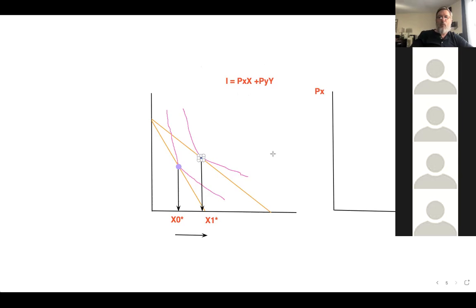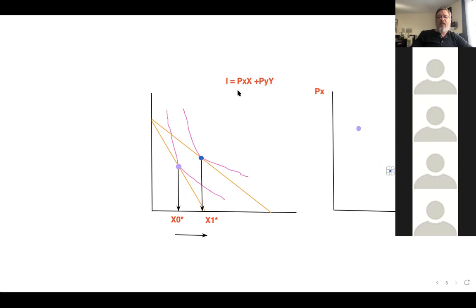And each one of those points, the purple point corresponds to a higher price of X and a lower quantity, and the blue one corresponds to a lower price of X and a higher quantity of X.